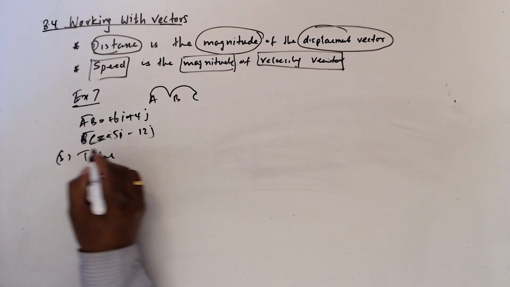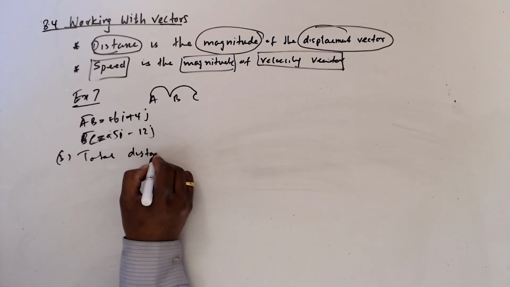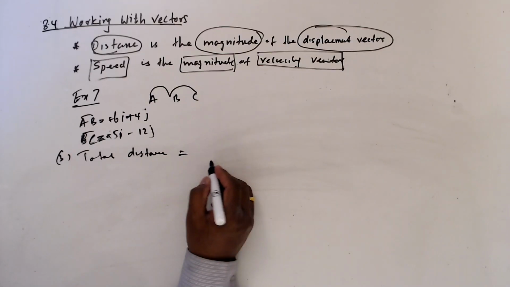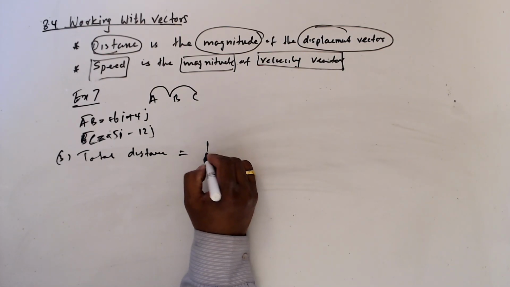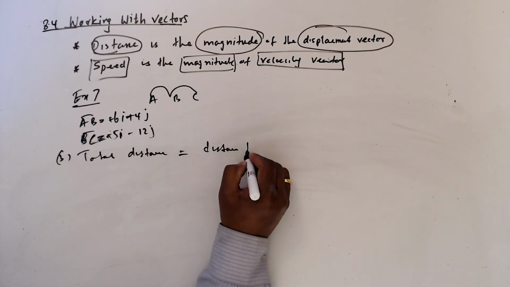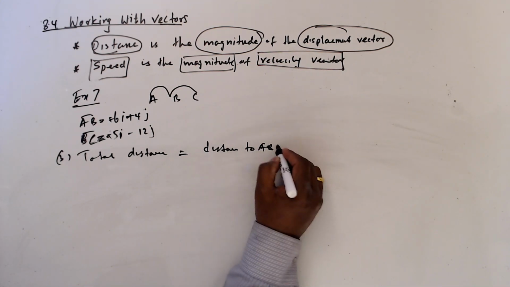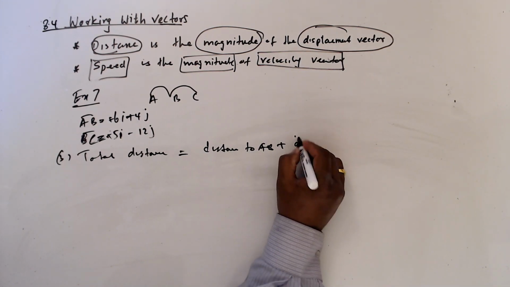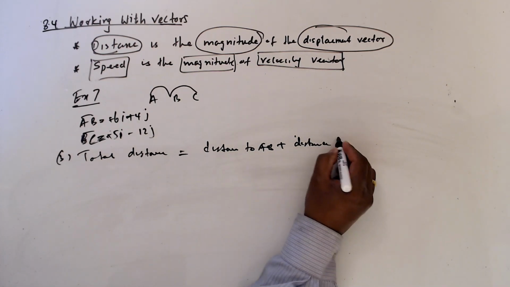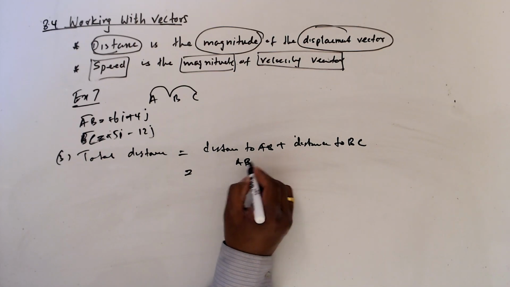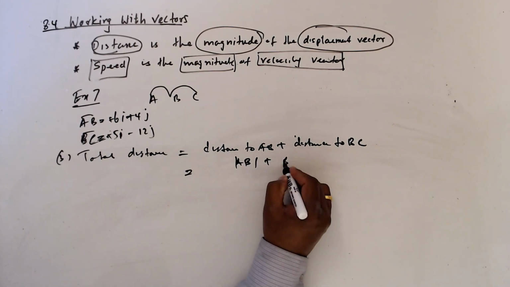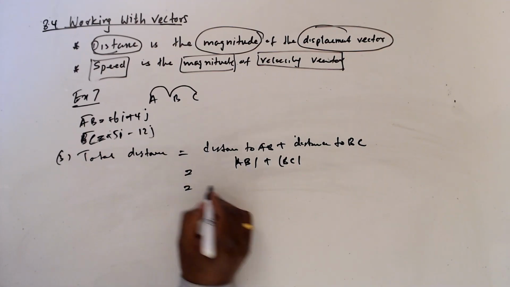Part B, total distance the man walked. It means the distance from A to B plus the distance from B to C. It means mod AB plus the mod value of BC.